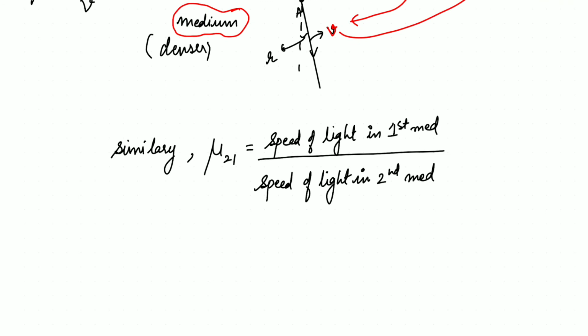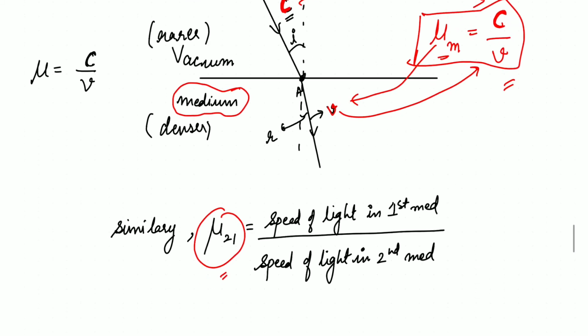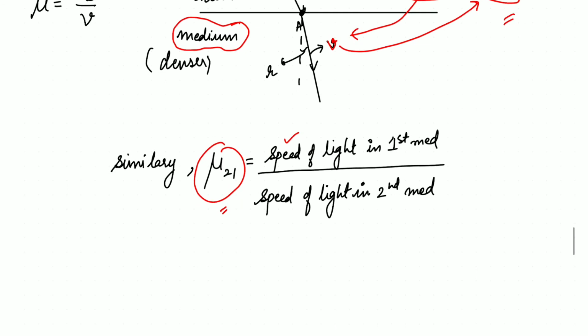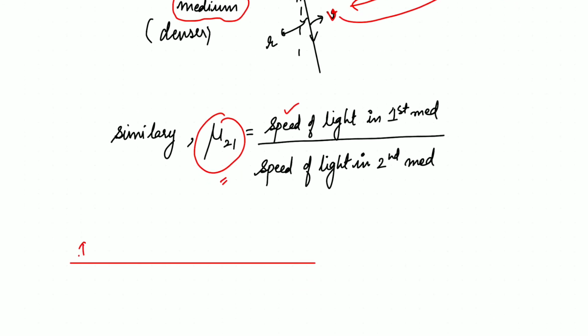Very similarly, if you want to find out refractive index relatively, right? Again, this gives us a formula which relates the refractive index with the speed of light. So for example, let's say you have two different mediums, first medium and second medium, and this is your normal and incident ray, right?